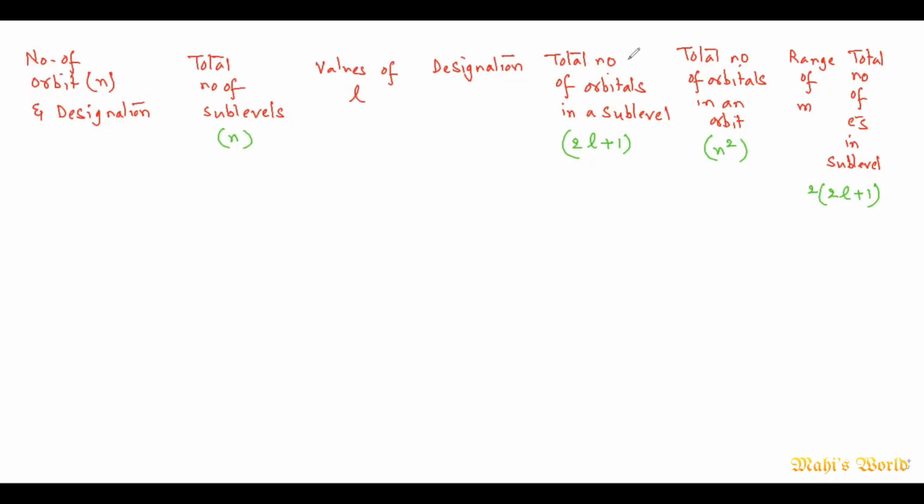I've given this formula. And finally, the total number of electrons in an orbit. Now this can be given as 2n square. That's it. So this is a very big table that I am going to give.